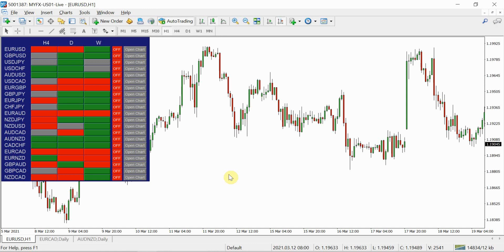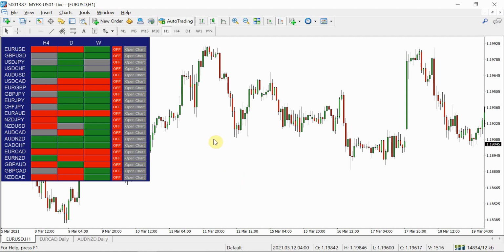And what I'm looking for, and I've spoken about this a lot on my channel, is a sea of red or a sea of green, because ultimately I want to take these 15 or 20 currency pairs we've got on the screen and narrow them down to 2 or 3 currency pairs to look at. This indicator allows me to do that, and it saves me so much time when I'm doing my analysis for currency pairs.